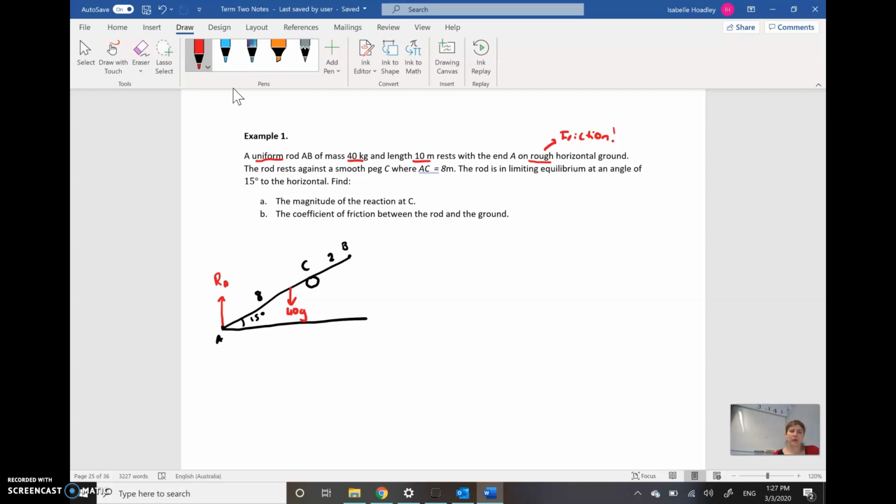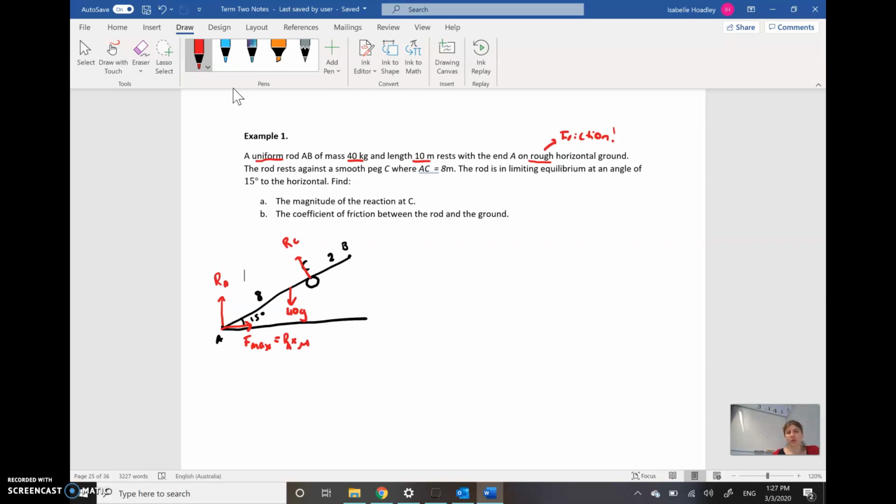We also have another normal force at C, another reaction force. That's perpendicular to the peg because the peg is exerting a force back onto the rod. And then lastly, we also have friction, which, if you imagine this rod is wanting to slide along the ground, acts opposite to that movement, and that's F max, equals R times your friction coefficient. Sorry, I should say that's RA, not RC, just to be clear.